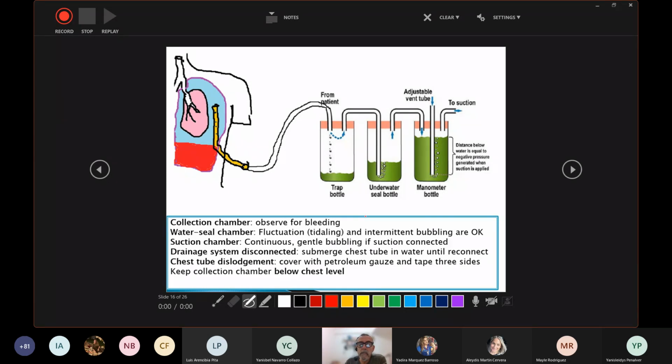So the other is the water seal. It's called water seal because we have water, and it's like a valve. It's like a seal that allows the air to leave but not to enter.